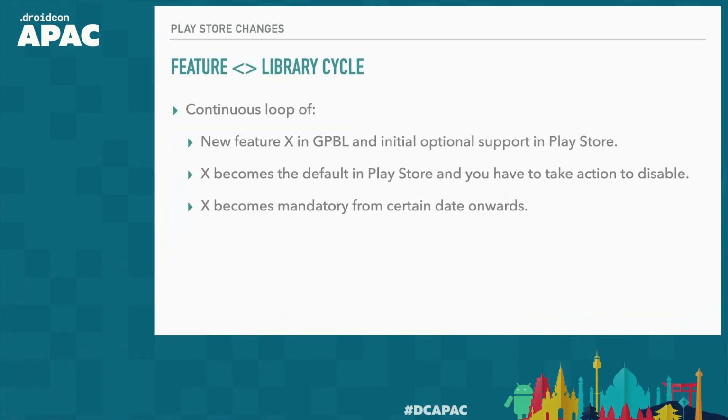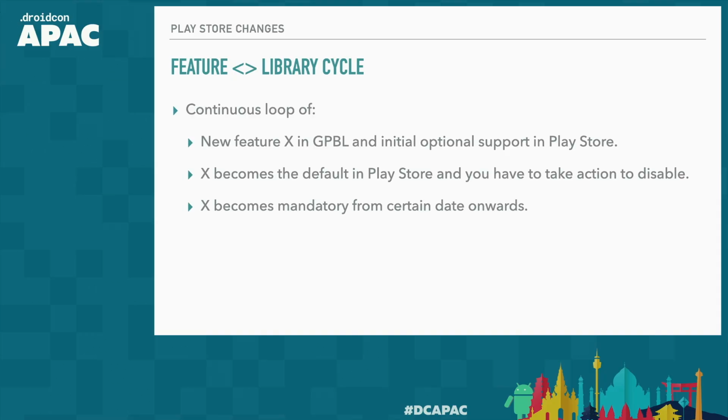So you have that continuous loop of there's a new feature in the library, and there is initial optional support for that in the Play Store. And then all of a sudden, that becomes the default behavior in the Play Store, and you have to manually take action to disable it potentially if you don't want that feature. And then a bit later, that feature all of a sudden becomes mandatory from a certain date onwards.